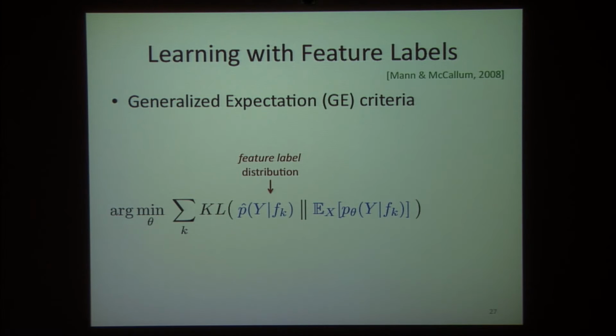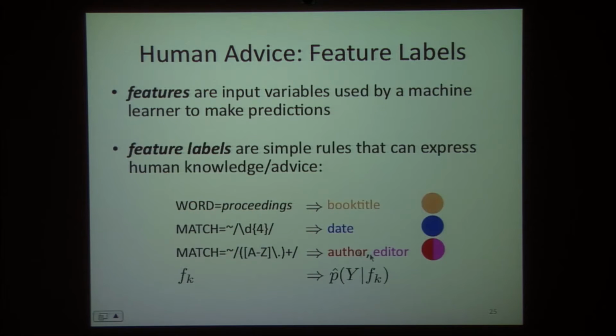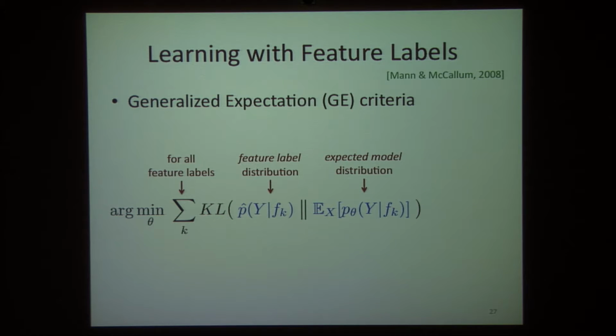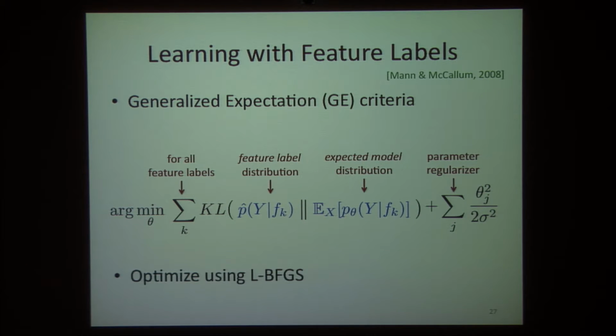And these distributions are the feature label reference distributions, for example, what these pies mean, and the expected model distribution for all of the feature labels that have been provided, subject to a parameter regularization term that prevents overfitting, so that it basically doesn't just memorize the rules that we gave it, but it tries to generalize to other unseen instances as well. And we run this optimization over all of the unlabeled data using limited memory BFGS, or your favorite quasi-Newton optimizer.